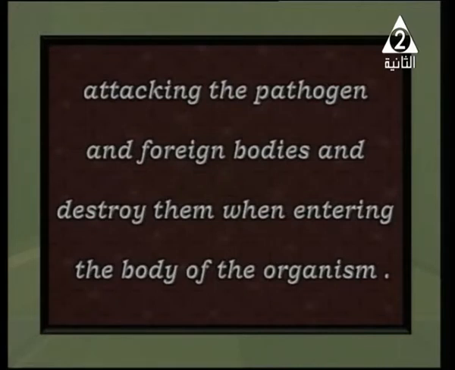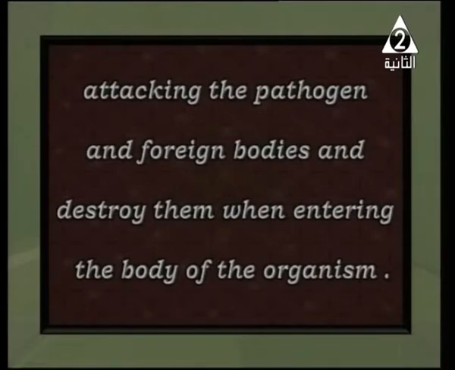In our lesson, immunity is divided into three or more different types. The first type is to defend the body from external threats, I mean to prevent the pathogen from entering the living organism's body, or, after entering, if the pathogen succeeds in penetrating the body, it will be destroyed inside the living organism.